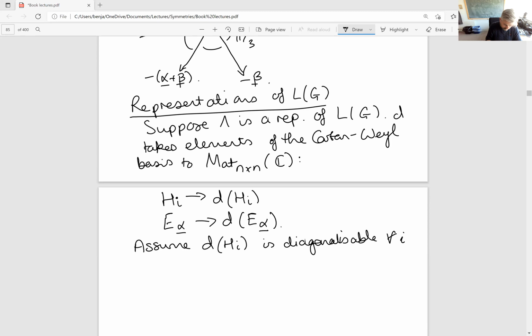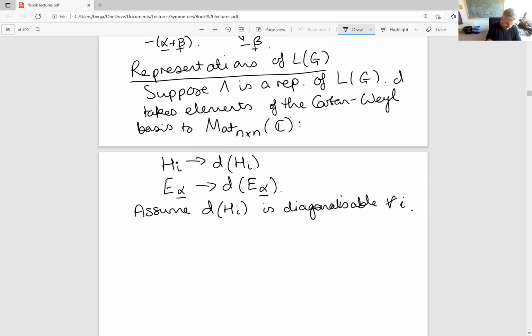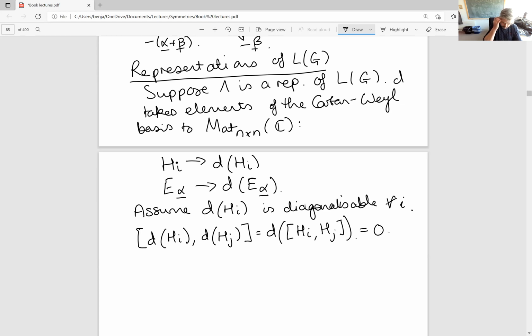By the fact that little d is a representation, we know that d of hi commuting with d of hj has to be d of hi commuting with hj, which is 0.